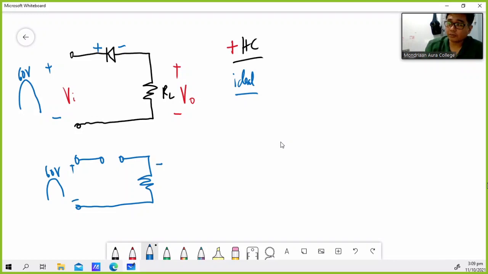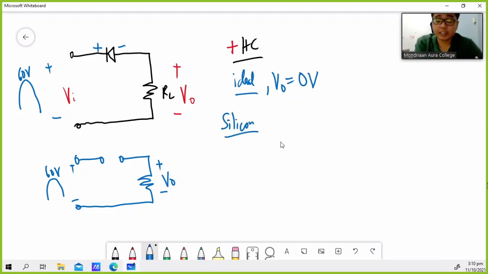So what will be the output voltage? Ang output voltage natin, since walang kuryente, wala rin tayong voltahe. So the output voltage for the ideal diode during the positive half cycle is equal to 0 volt. How about for silicon? For silicon, it's the same thing. Diba?